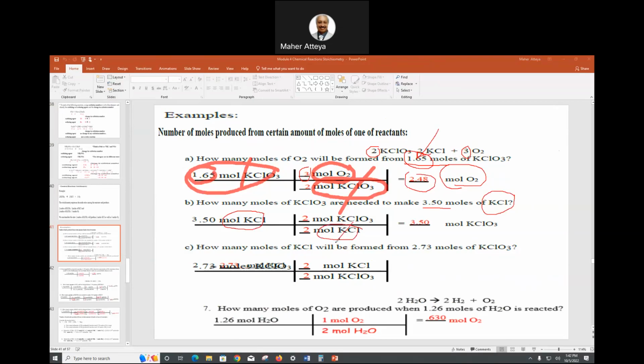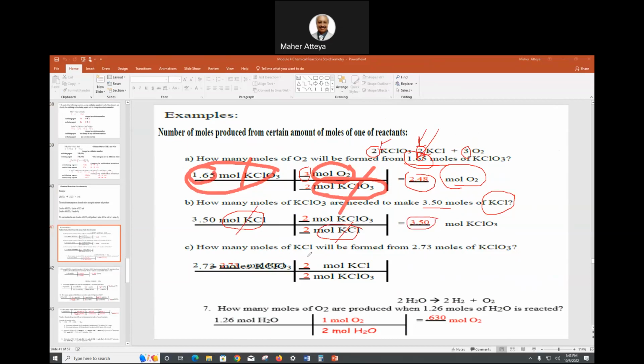Because this unit has to be canceled. If the units are not canceling, then there's something wrong. The setup is not correct. So then you have 2 moles of the reactant to 2 moles of the product, potassium chloride. So 2 to 2 cancels out, and you end up with 3 sig figs.